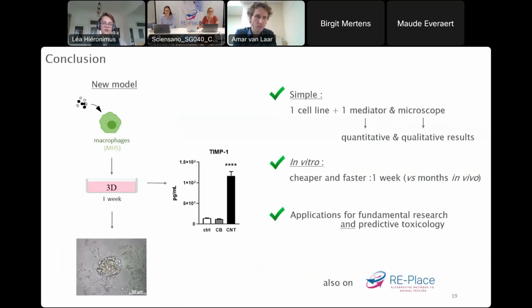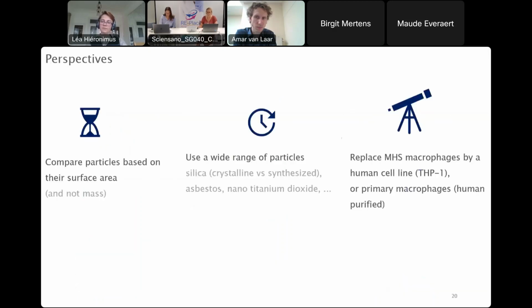As conclusions, I have developed a simple model using only 1 cell line, which yields both quantitative and qualitative results in under a week, which is faster and cheaper than what is necessary in vivo. It has application for both fundamental research and predictive toxicology. This is why I've added this model on the Replace platform.